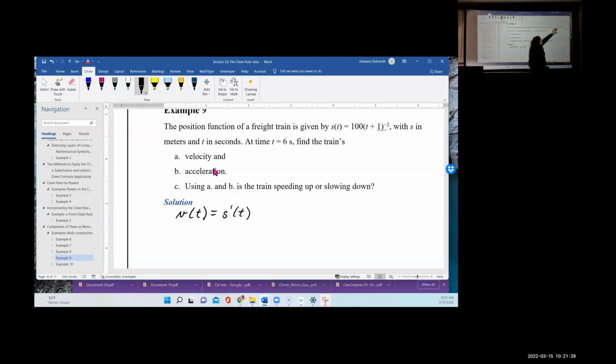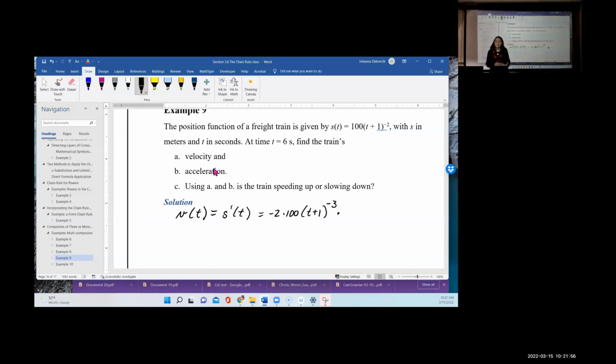So this is going to be the negative 2 power on the outside times 100, and on the inside, t plus 1. So I pull the negative 2 to the front. So I get a negative 2 times 100, freeze the inside, it stays t plus 1, reduce the power by 1, so it becomes a negative 3, and then multiply by the derivative of the inside.